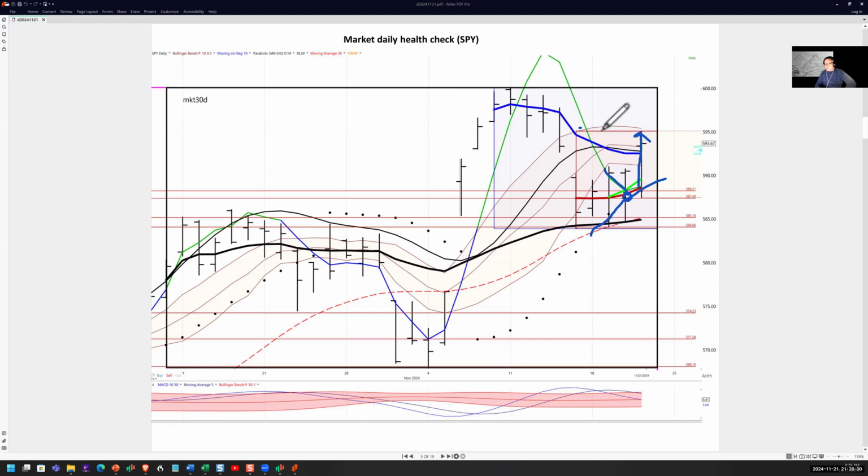Now, if we can get above the 5-day high and the skin of the dragon here at 595, then it's got a good chance to run to 600, and then this will be the key test. That's a psychological level. If that works, then it probably can get to about 604, 605 at the very peak of the RL10.